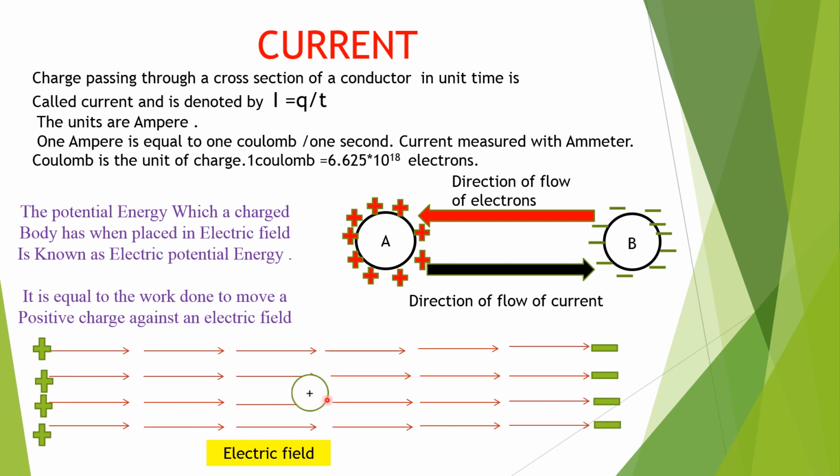It is equal to the work done to move this positive charge against an electric field. If you want to move this positive charge against the electric field towards the high potential point, you have to do some work. That work is nothing but electrical potential energy.